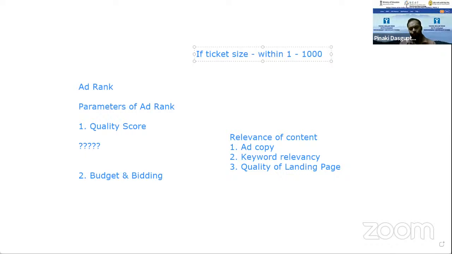So say if your product cost is around 1 to 1,000 rupees, then people will not think of it very much. They will decide instantly. Okay.